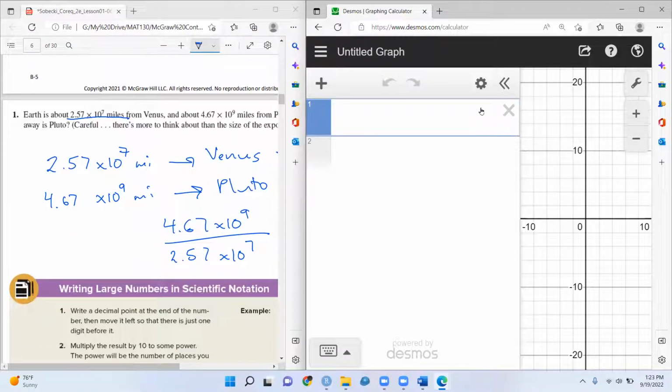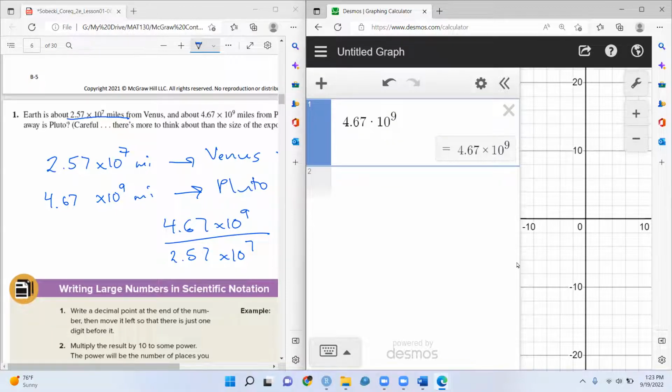This is an operation. So I'm going to type 4.67, hit the times button, and then do 10. And for me, I'm going to do Shift 6 and 9. That's how I get an exponent in Desmos.